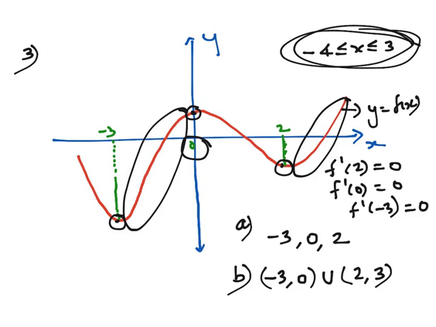Now the C part is, at point D on the graph of f, the x coordinate is minus 0.5. So they're saying that there is a point D whose x coordinate is minus 0.5. Y coordinate is not given, of course. It's not needed.